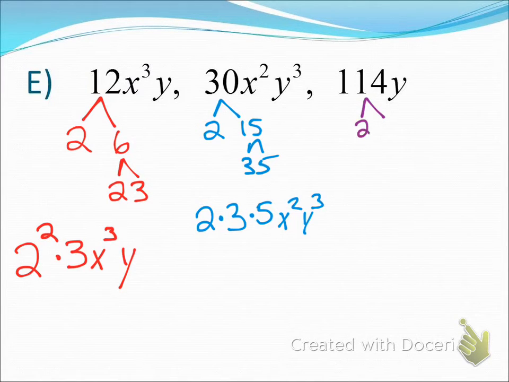2 and 57. Is it 3 and 19? Mm-hmm. Good. So 2 times 3 times 19 y.